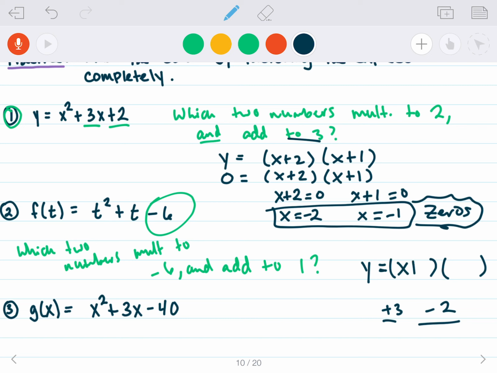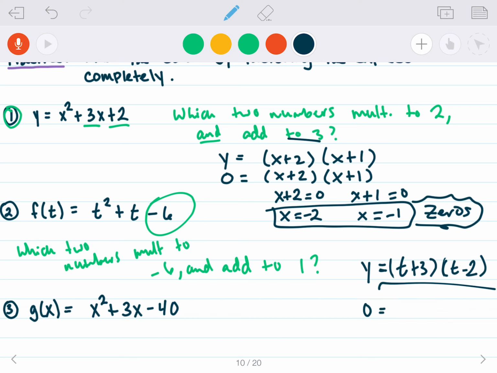So we have x plus 3, x minus 2. And again, well, actually t, sorry. This should be t plus 3, t minus 2. And again, check yourself just to make sure you can FOIL it back and get this. This is factored. Now let's go ahead and set these guys equal to 0.